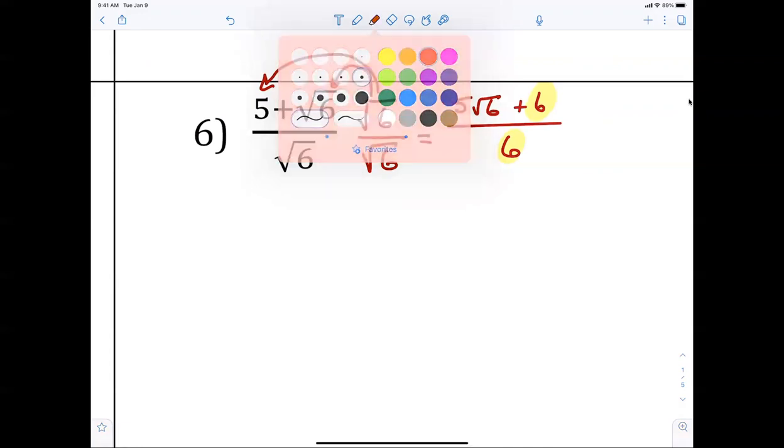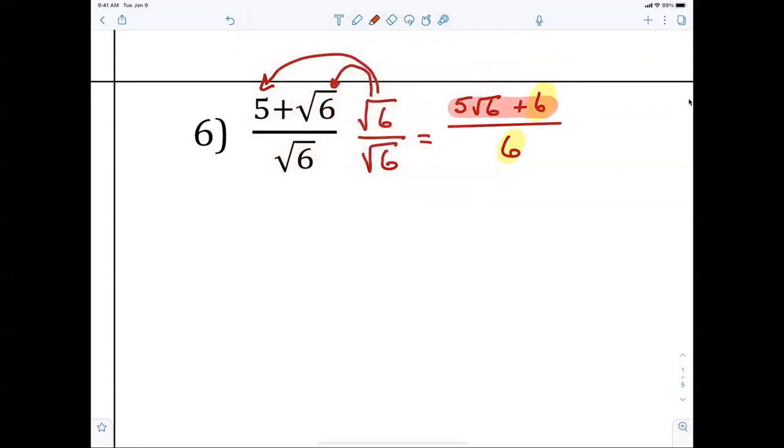So make yourself a little note of that. These two things are bounded together by addition. So we are not allowed to reduce the 6. If it was just multiplication, you could reduce. But the 5 radical 6 and the 6 are held together with addition. Therefore, you cannot reduce.